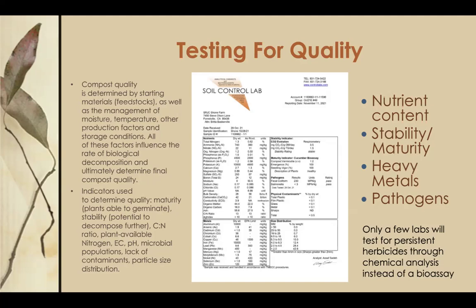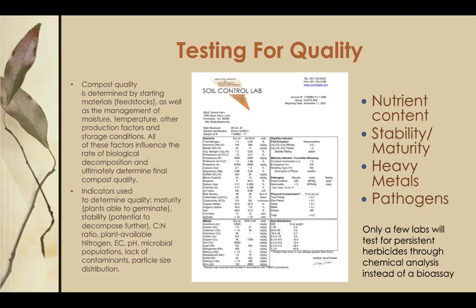But then there are other labs that will also do tests for persistent herbicides, PFAS, microplastics, or specific microbial populations. If you want to know more about it, you're going to have to find the lab that's going to test for it.